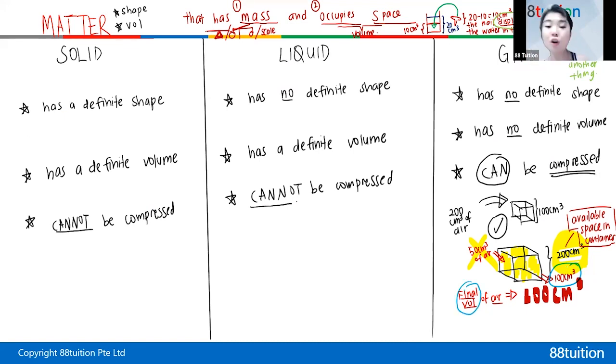The question asks, what is the final volume? Remember this. What is the final volume? Can you try?